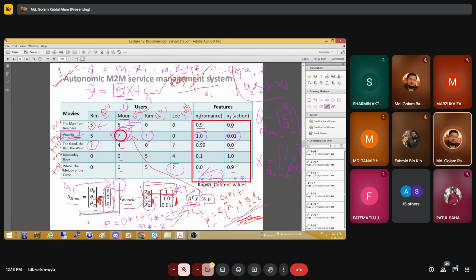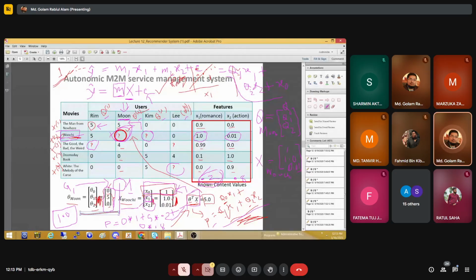So the predicted value will be 0, 0, and 5 times 0.2, that is 1. Okay, so the predicted rating will be 1.